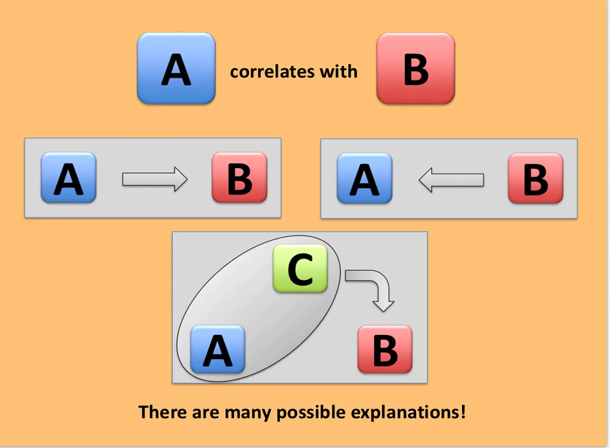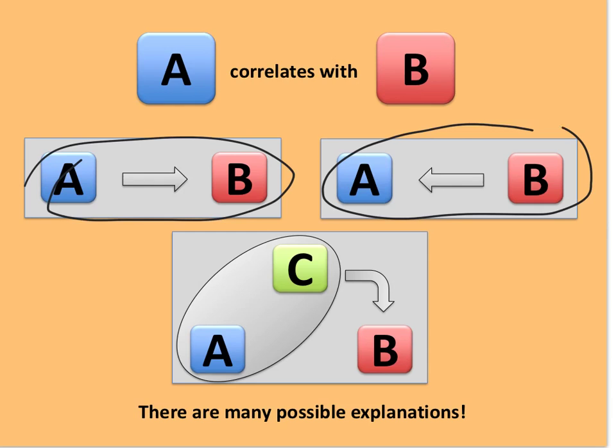If there is a correlation, you might say, well, maybe one thing does cause the other. So in this case, A, for example, is correlated with B, or B is correlated with A. Does A cause B? Or does B cause A?